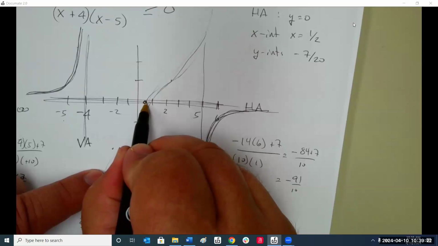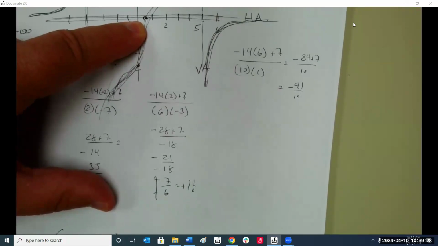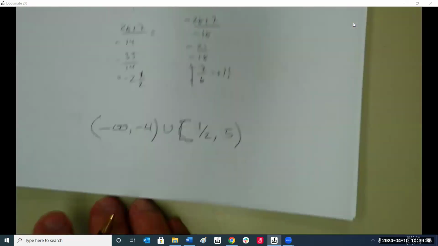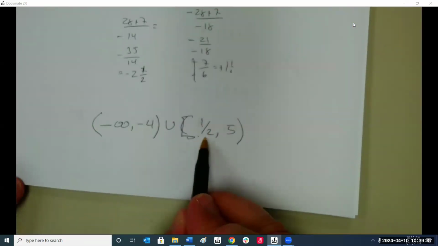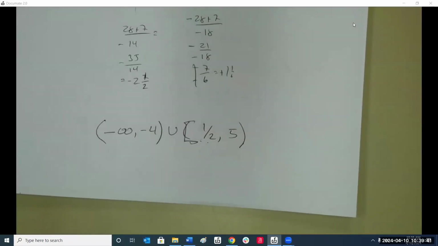And then from our x-intercept 1/2 to 5. It's a bracket on the 1/2 since it's the x-intercept and a parenthesis on the 5 since it's the vertical asymptote. That's the only part of the graph that's above the x-axis.